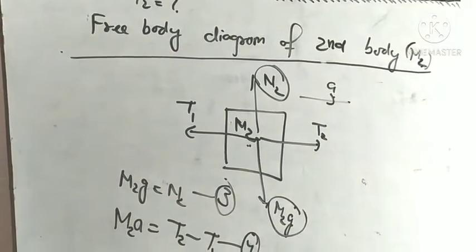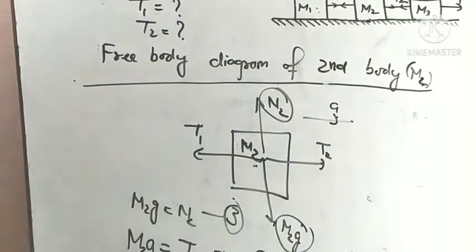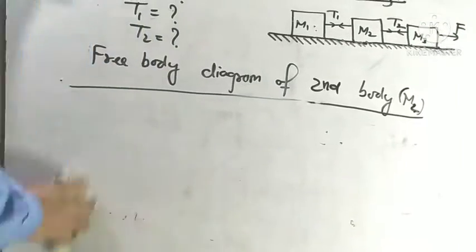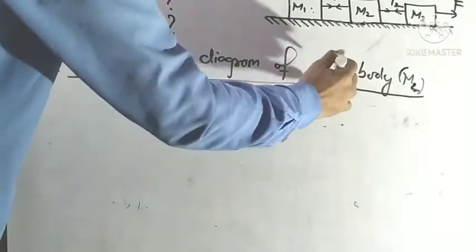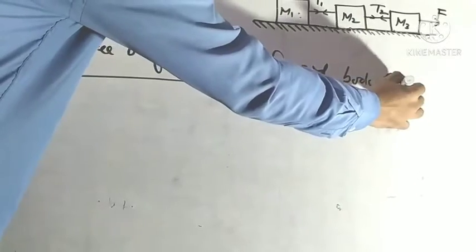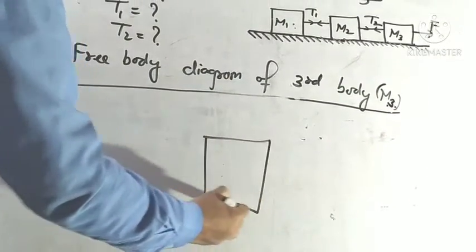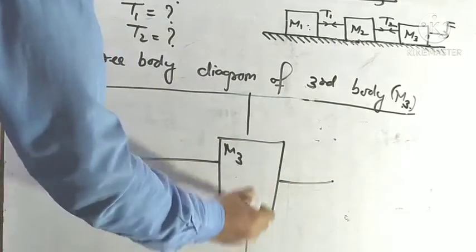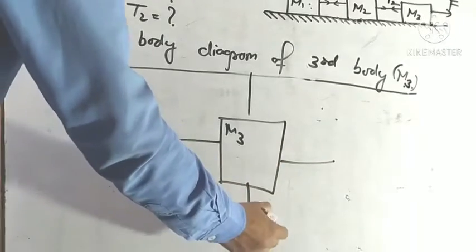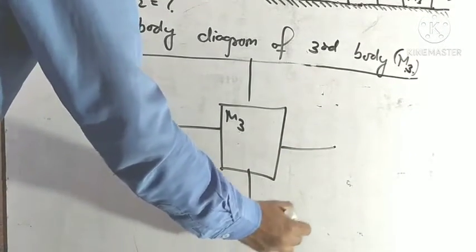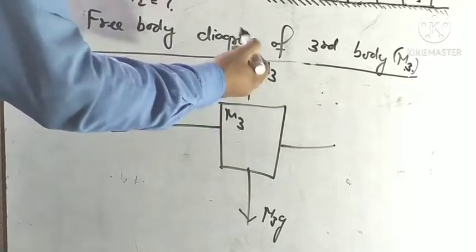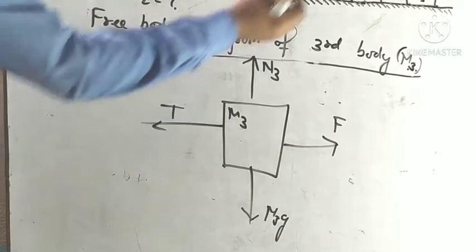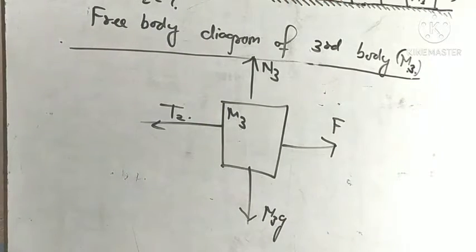Now we discuss the free body diagram of the third body having mass m3. As previously, there are four forces working on this body: the weight working vertically downward, the normal force working vertically upward, the applied force F, and tension T2 in the string.